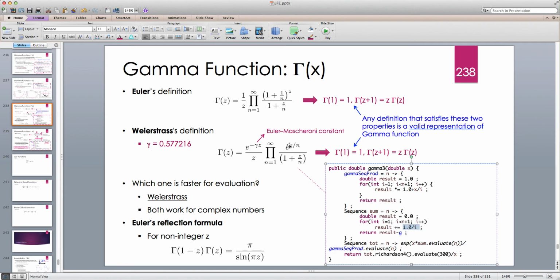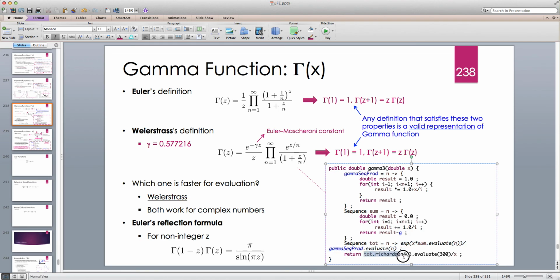So we have 1 over n here, and we sum them up, and eventually we reduce this Euler number, and then the total sequence becomes exponent of x, which is z, times whatever we calculated for this sum of powers, evaluated at the nth term, and divided by the denominator, which is gamma sec prod evaluated at n. So this product sequence evaluates the denominator, this sum evaluates the exponent of this exponential function after multiplication n times, and then the sequence total just evaluates the sequence after n terms.